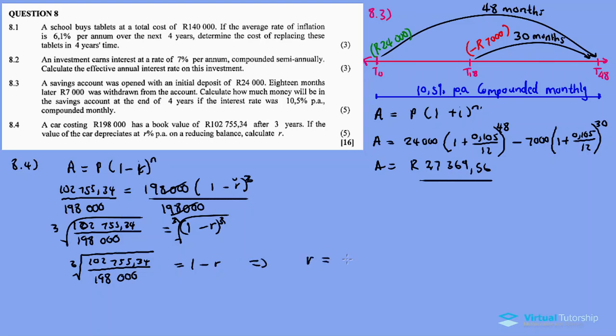R is equal to the third root of 102,755.34 divided by 198,123. Wait. Okay, let me erase la.